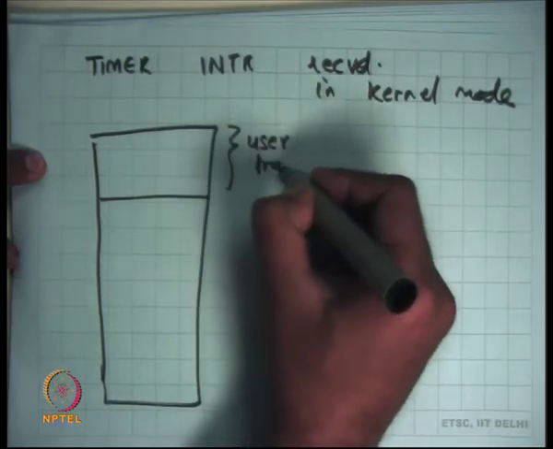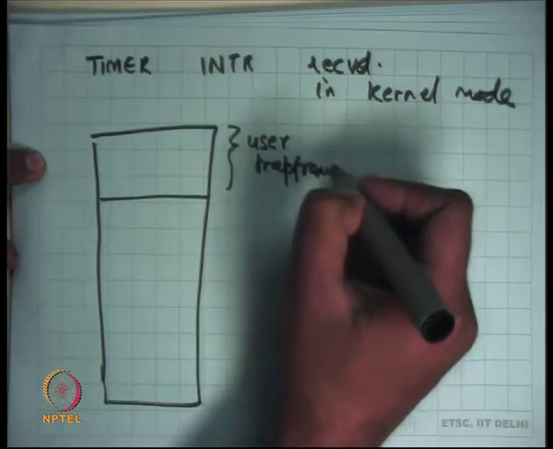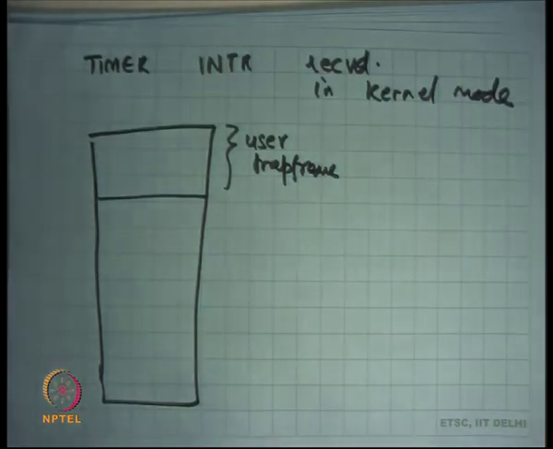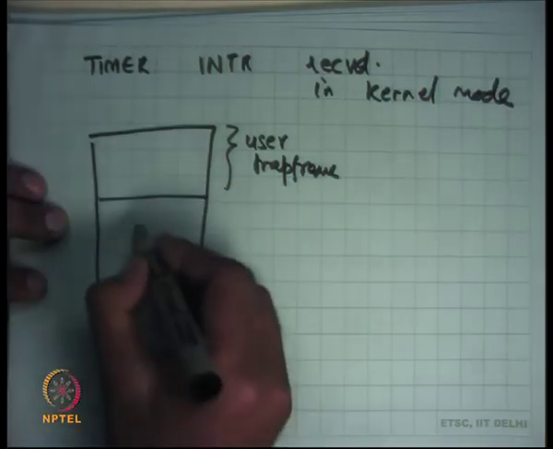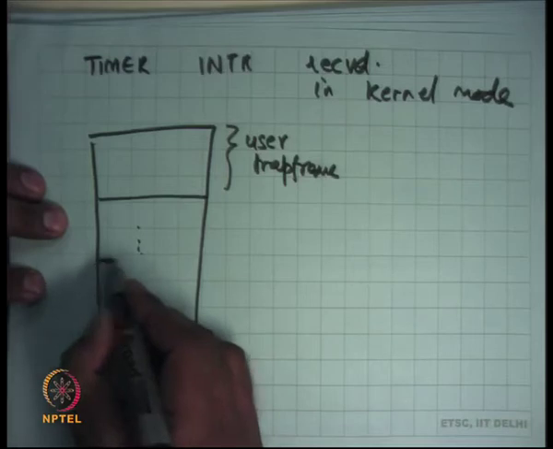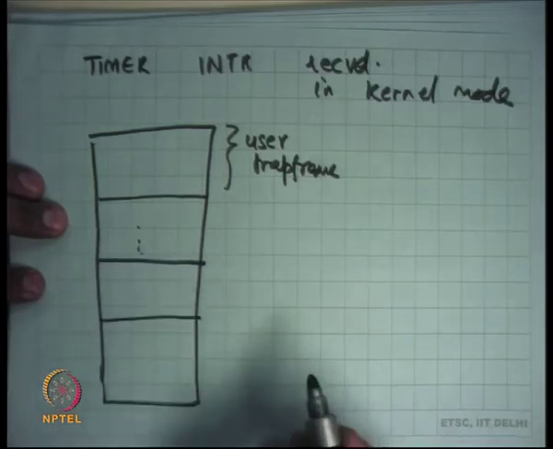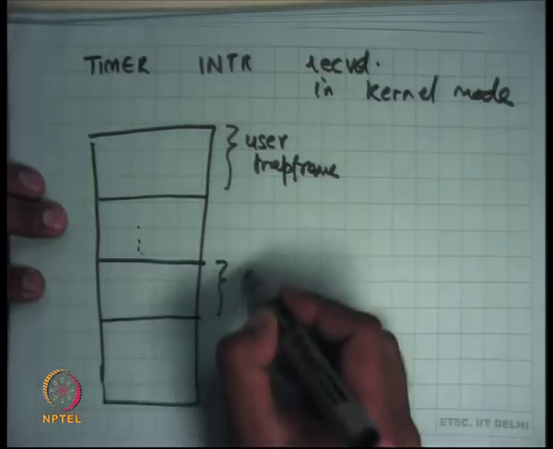After all, if it was executing in kernel mode, it must have come from the user at some point, so the user's trap frame must be there, then some function call chain, and then it got trapped again, and so this will be the kernel's trap frame.